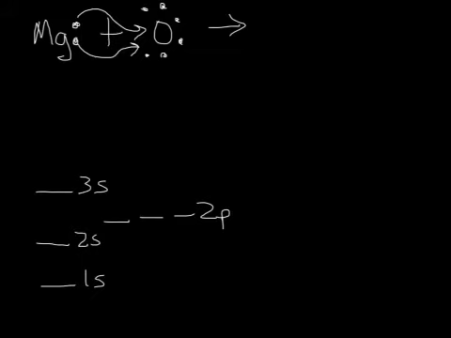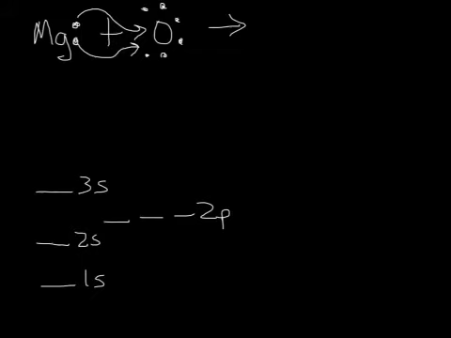If you look on the periodic table for magnesium, how many electrons does magnesium have all total? It's atomic number 12. So how many electrons does it have?